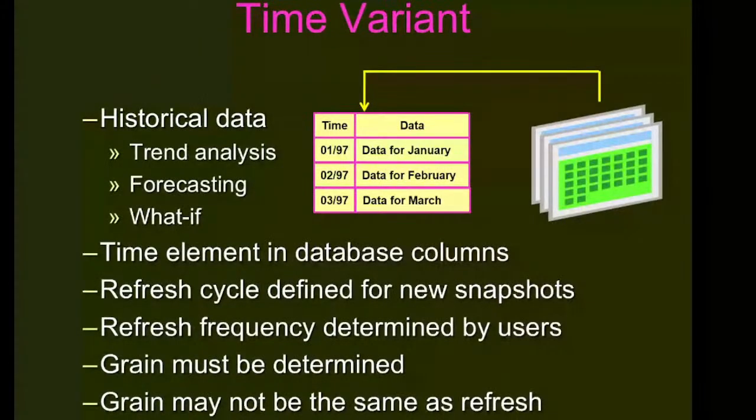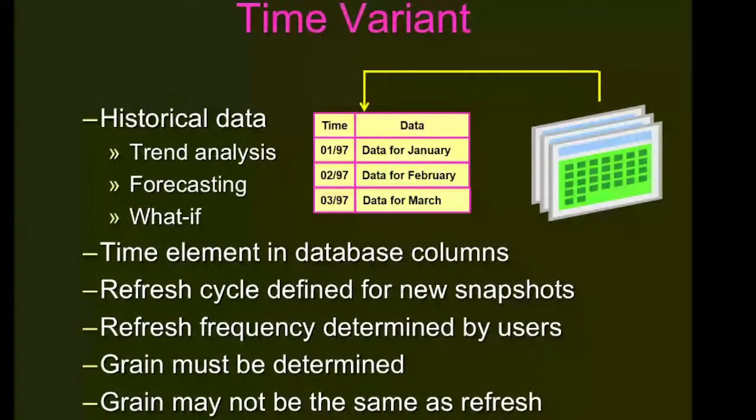So at what interval you want to refresh the data, bulk update, how frequently you are doing it, and at what level you are storing the data, all these things are part of time variant. Grain may not be the same as the refreshing frequency.